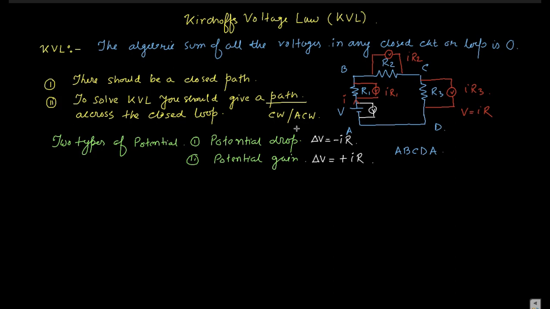I will give you the explanation of how you decide whether it is a potential drop or a potential gain. Another component is the resistor, where you can find some potential drop or gain, and that also depends upon the path, and also the current direction.